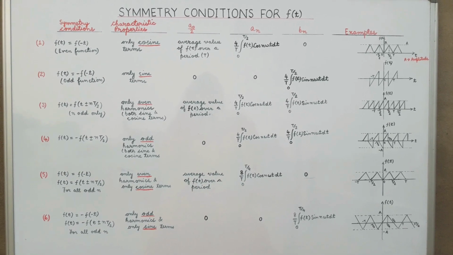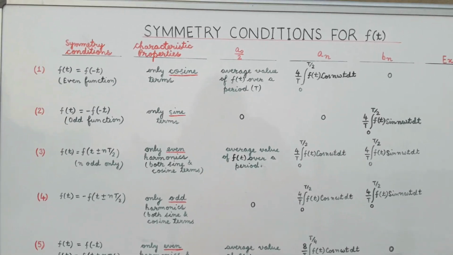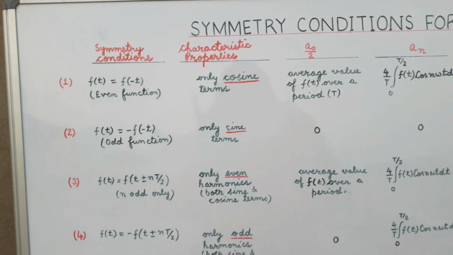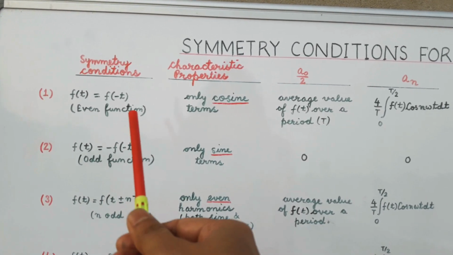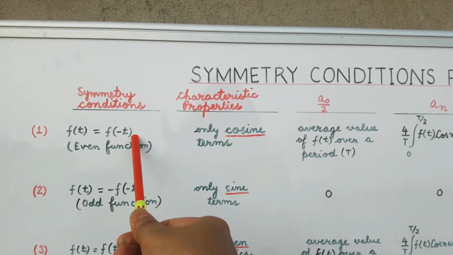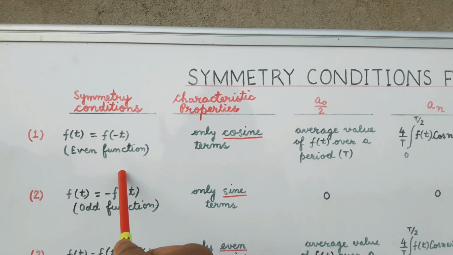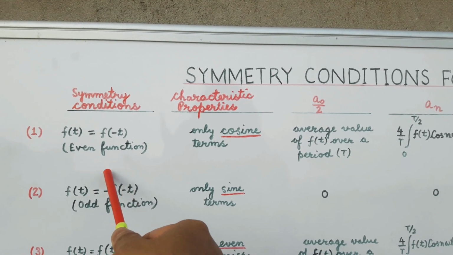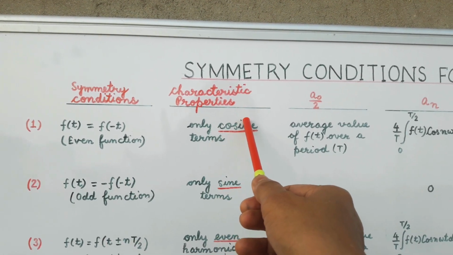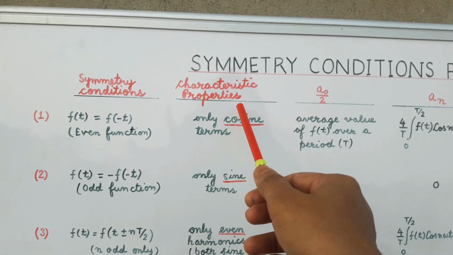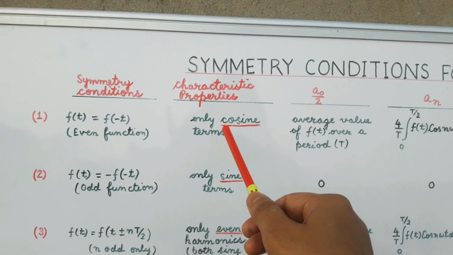The first condition for symmetry is when a periodic function f(t) is equal to f(-t). Then the function will be an even function, and the characteristic property of an even function is that it will contain only cosine terms. That is, the Fourier series will contain only cosine terms.